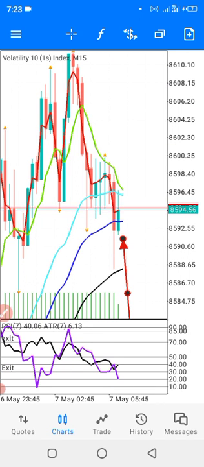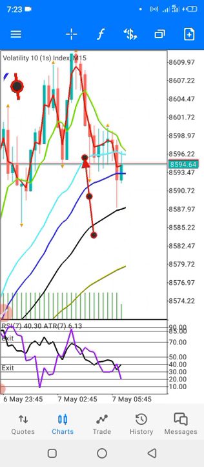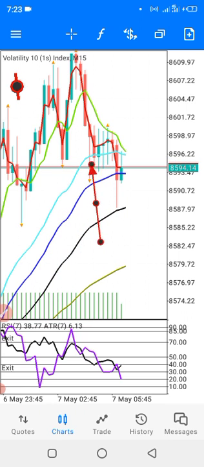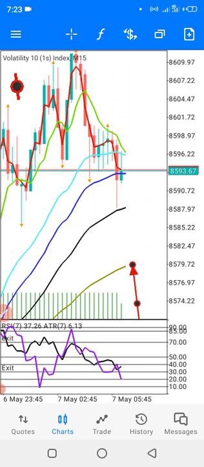Look at what happened here. When it got to this 26 moving average, price got rejected multiple times. Now it came down to this 35 moving average, and look at the rejection. Now it's going to come down to the 50 moving average, and there will be another rejection. Until it gets to this guy, there will be multiple rejections upward.